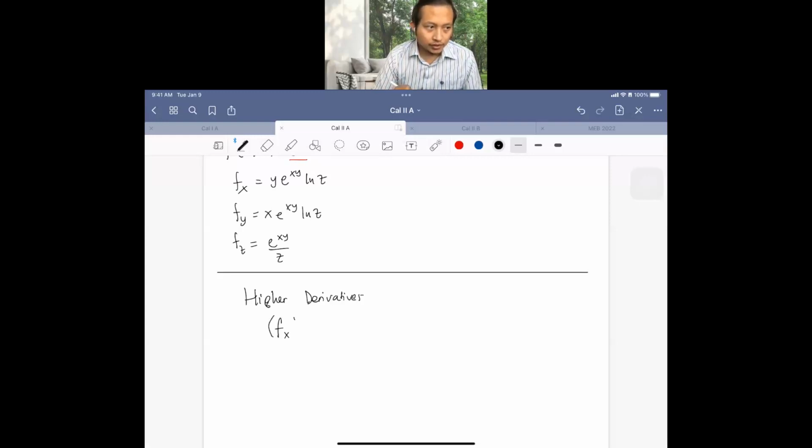If we try to derive one more time, we can simply write this as f_xx, or this is simply the derivative with respect to x of our partial x. Or we can write it more clearly as the second derivative.